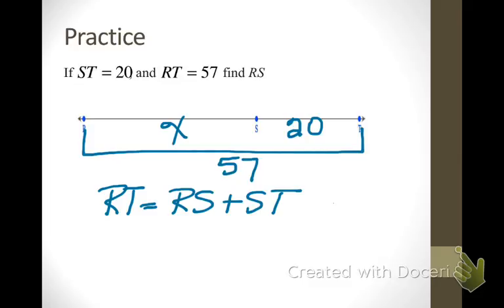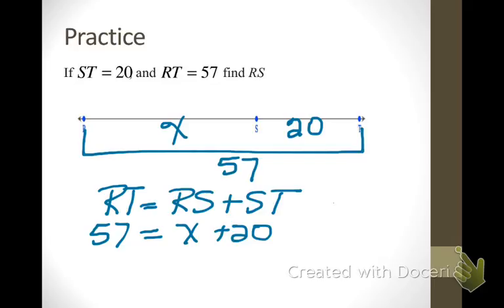And we know that the whole, RT, has to equal the sum of the two parts. So I've actually written that down, and I would highly encourage you to do this on your homework. And then you're just going to plug in the things that you know. You know that RT is 57. You know that RS, let's just call it X because we don't know what it is.